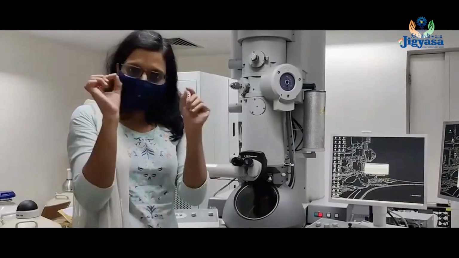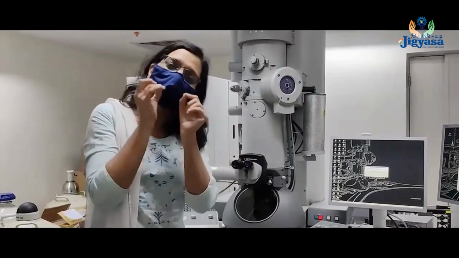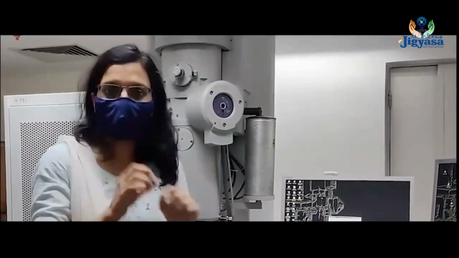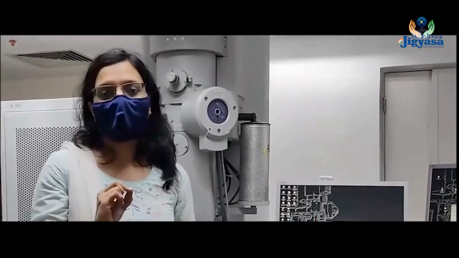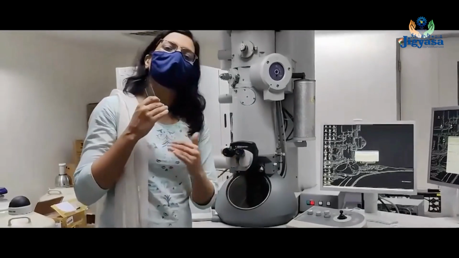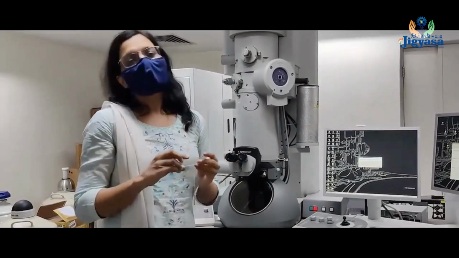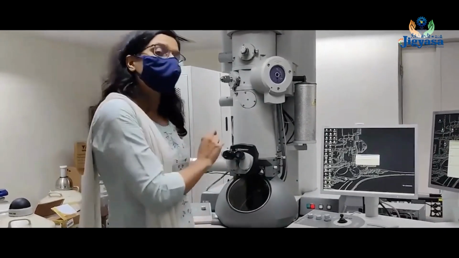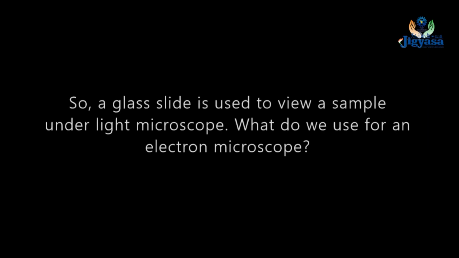That means the same two objects, even if they are only 0.2 nanometer apart, this system can still tell you that yes, they are actually 2 points and not 1. So in terms of the resolution and clarity, the compound microscope gives you 200 nanometer. Here it gives 0.2 nanometer.